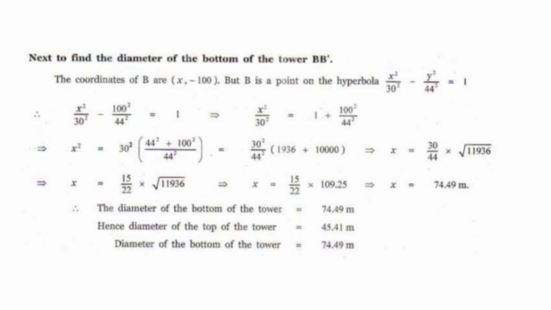And it will turn to x is equal to 15 divided by 22 times the simplified form of the square root of 11,936, which is 109.25. So we've just written that here. And x is equal to 74.49 meters. So the diameter of the bottom of the tower is 74.49 meters.